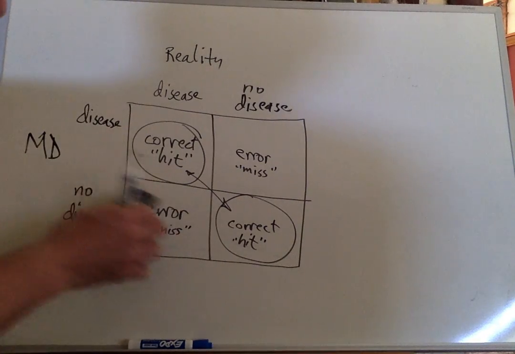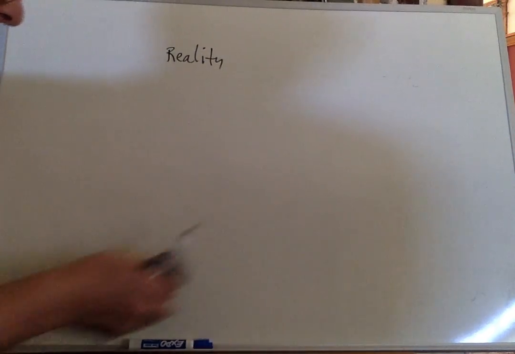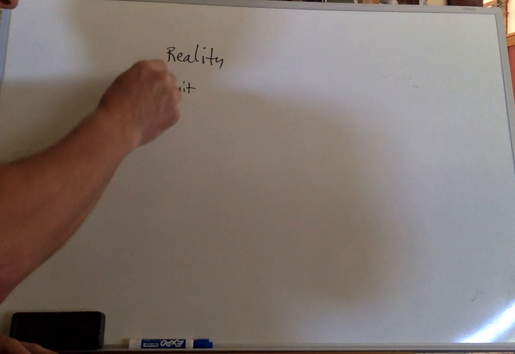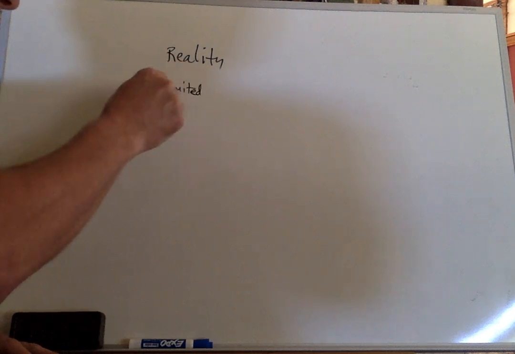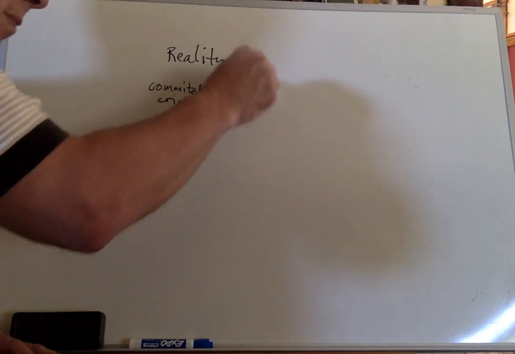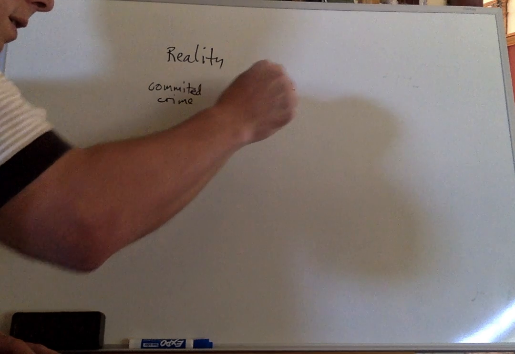So this happens all the time. It happens in a court of law as well. Let's do this. The person either committed the crime or did not commit the crime. I mean, that's the reality, right?